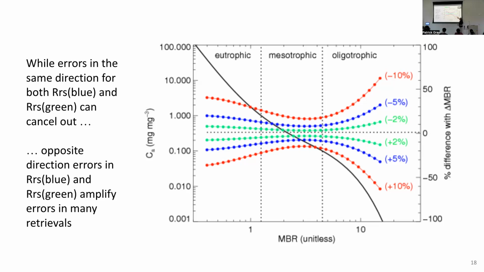But these other colors are like, let's say your blue band is 10% off in a direction that's different than your green band. You can see that sometimes my ratio is supposed to be here, but my blue is 10% biased high. My ratio is suddenly off by 50%. So you have to be careful with some of these.